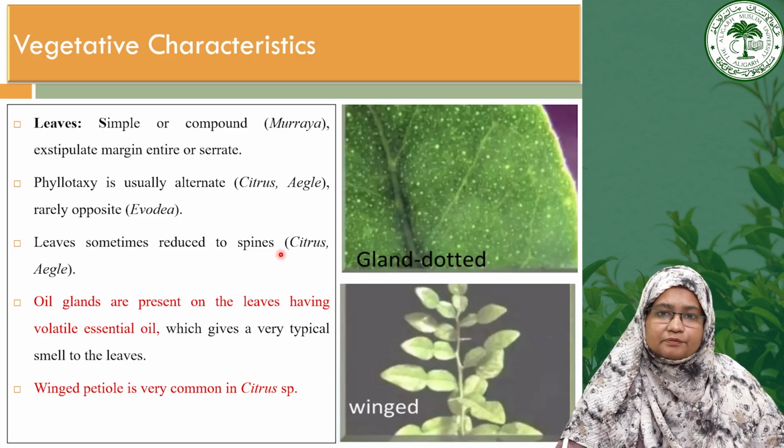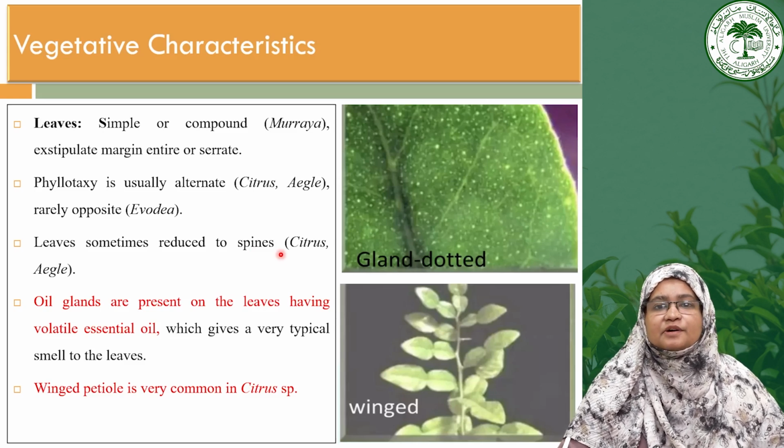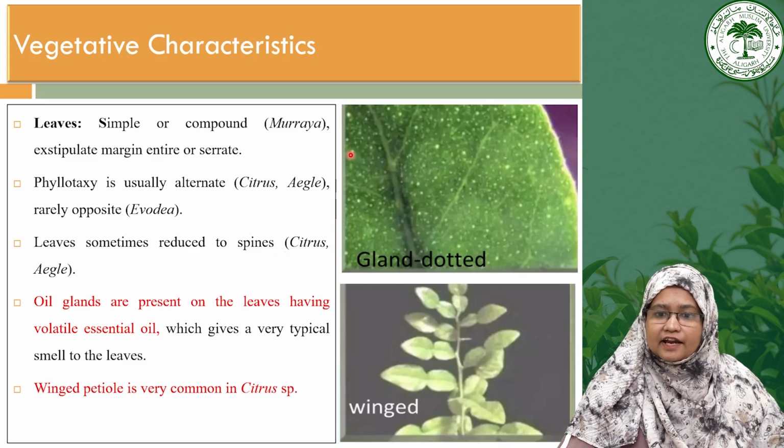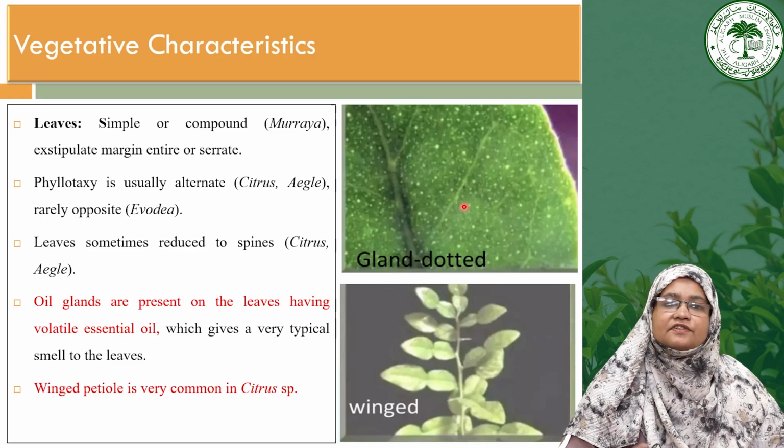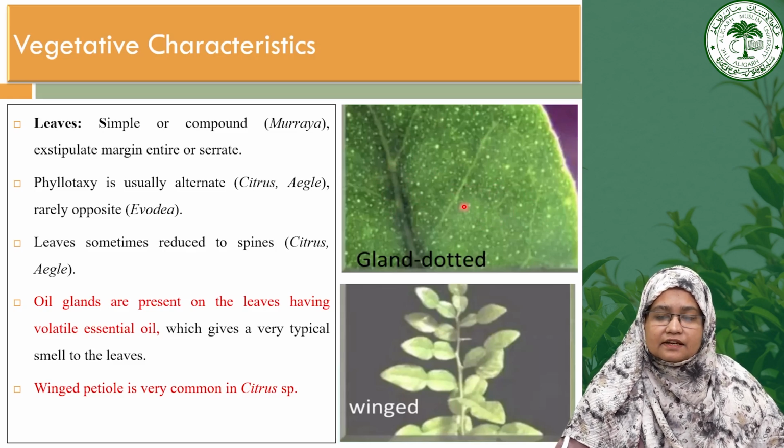Then the next diagnostic feature of this particular family is the presence of oil glands. They have gland-dotted leaves, as we can see here in this particular image. A number of oil glands are present on the leaf surface, which gives a typical smell to the leaves.